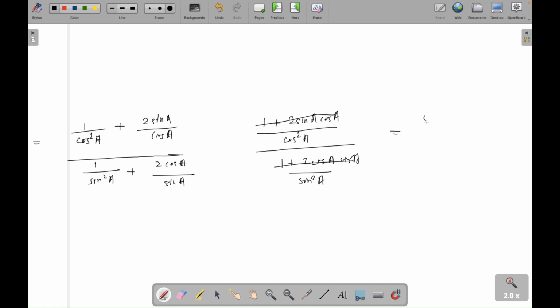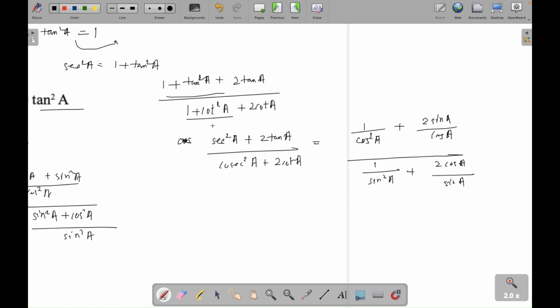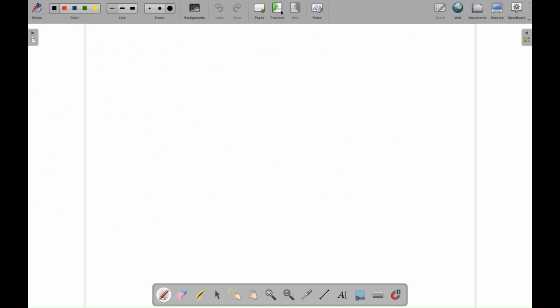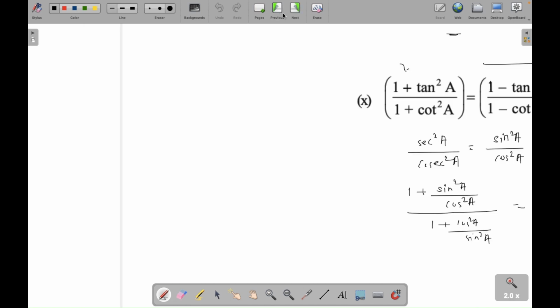So we end up with sin square A upon cos square A, which is tan square A. Okay. So both of these are equal to tan square A. Okay. I think these are the only questions in 8.3 that we have.